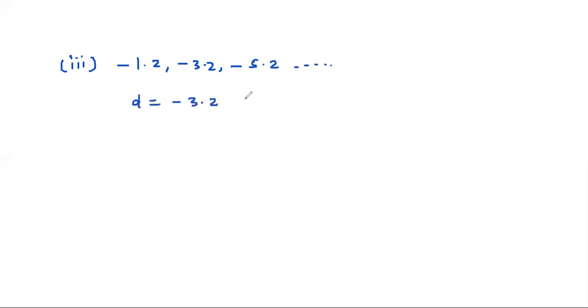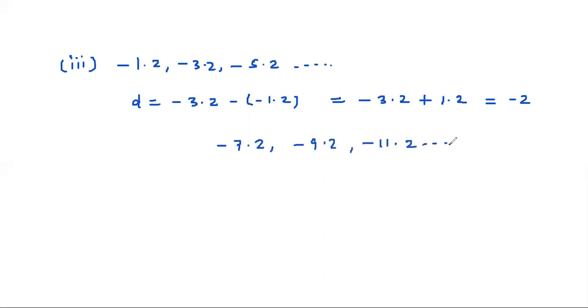Minus 3.2 minus 1.2, which is equal to minus 3.2 plus 1.2, which will give minus 2. The same is true here. It means it is an AP. So next term can be found by subtracting 2. So next terms will be minus 7.2, minus 9.2, minus 11.2, etc.